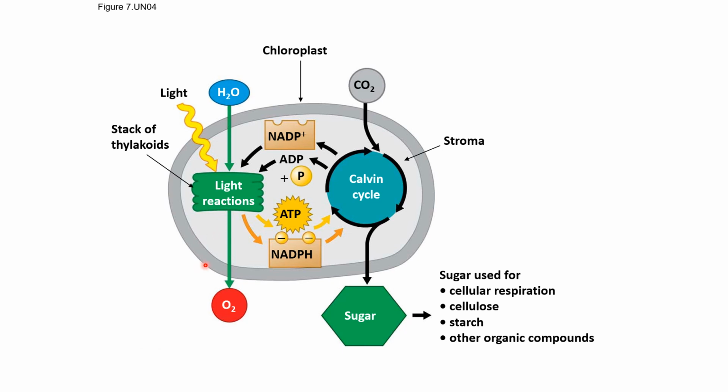Same thing with those filled up buckets, the NADPH. You're not going to throw away the buckets. You're just going to use those electrons, and then you get those empty buckets, which are the NADP positive, and they're going to be recycled one more time. They will go back to the light reaction to pick up more electrons.